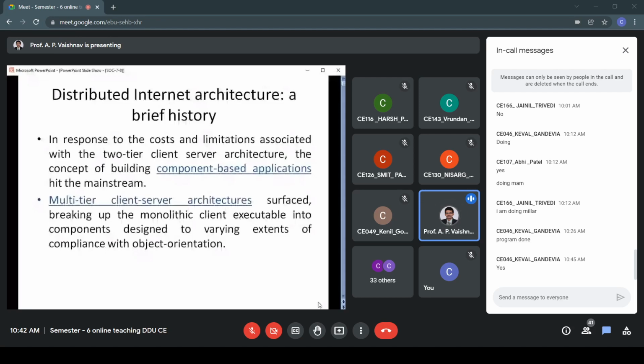In normal client server, you are having only two layers in the system. One is the client, and on the other side, you will be having the server, which is going to maintain your database basically. While in distributed, or you can say multi-tier client server, you will have a middle tier. So let us see how that architecture looks like.